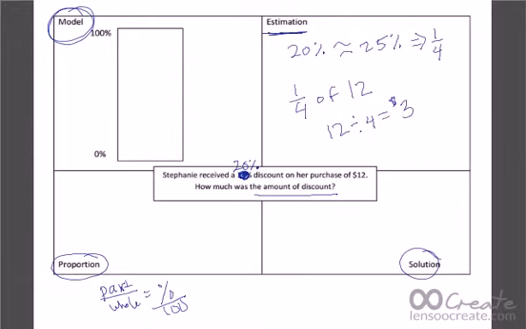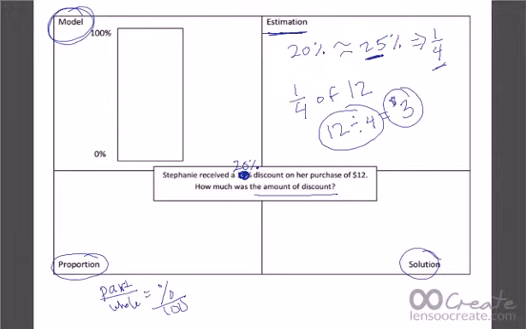So I think my estimate is the discount's going to be about $3. The reason I came up with that was 20% is close to 25%, and 25% is 1/4. So if I took 12 and broke it into 4 pieces, each piece would be worth $3. So that's how I came up with the discount being approximately $3. That's my estimate, not my answer, just my estimate. So when I get an answer, I'll be able to tell, is my answer reasonable?